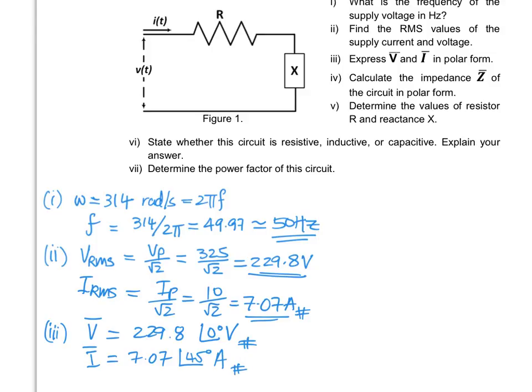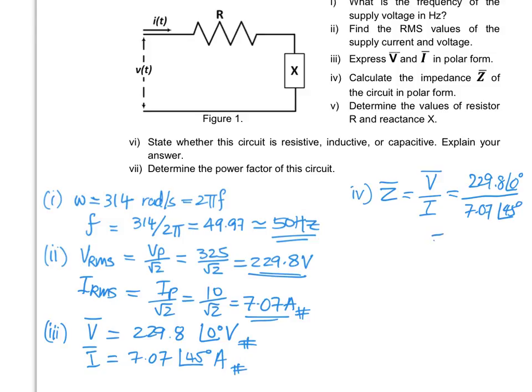Now next we want to calculate part 4, the impedance. Now impedance according to Ohm's law is V divided by I. So if we were to write this down, V is 229.8 angle 0 volt divided by 7.07 angle 45 degrees.